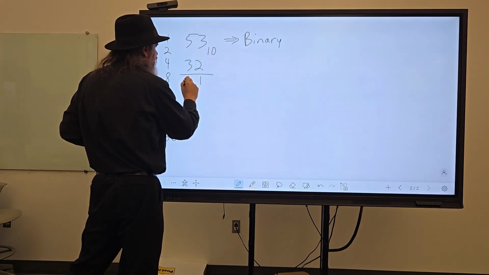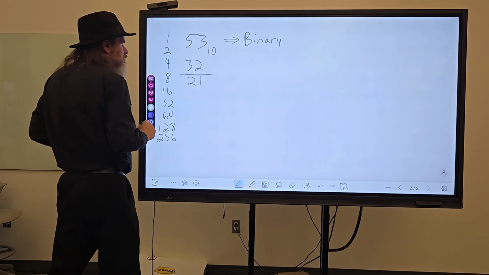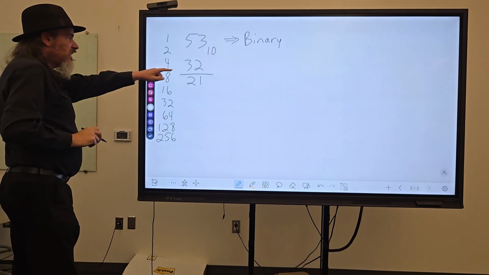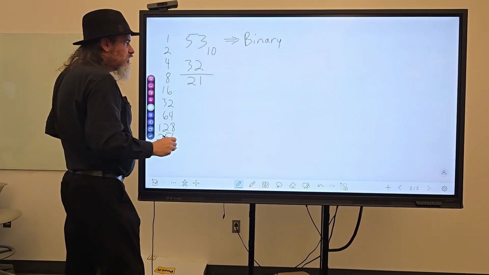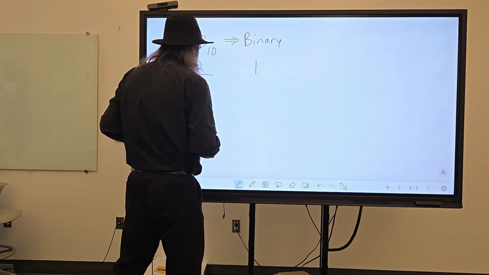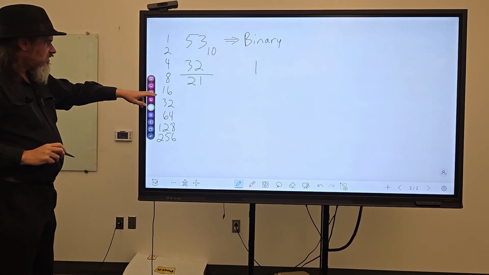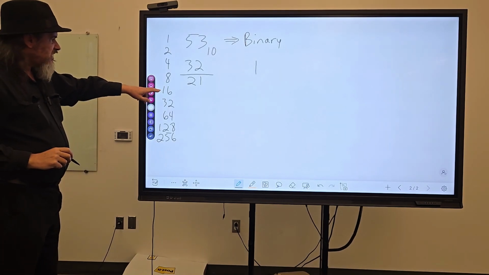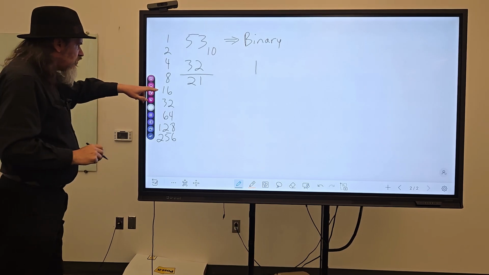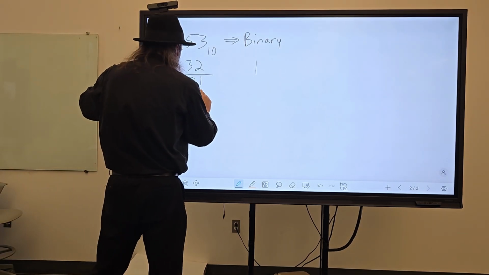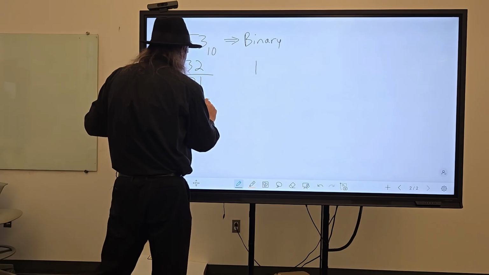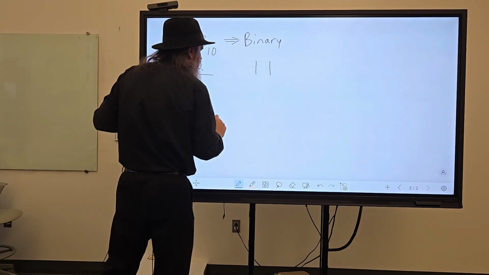And you get 21. That indicates that there's a 32 in there, so you put a 1 in the 32's position. Now, can you subtract 16 from 21? Yeah. So subtract 16, and that gives you 5. That gives you 1 in the 16's position.